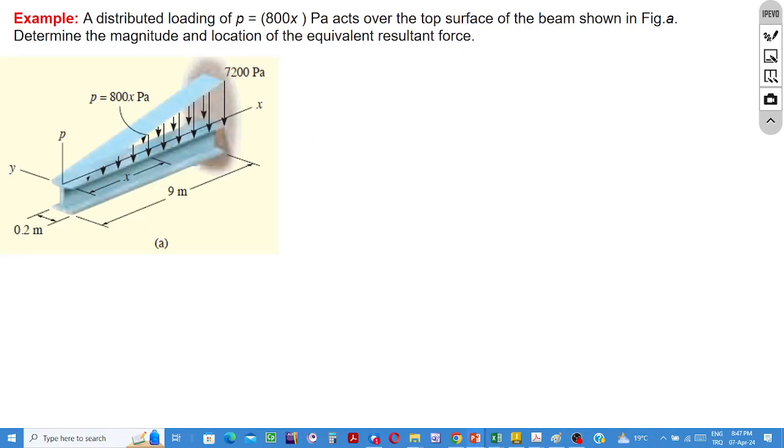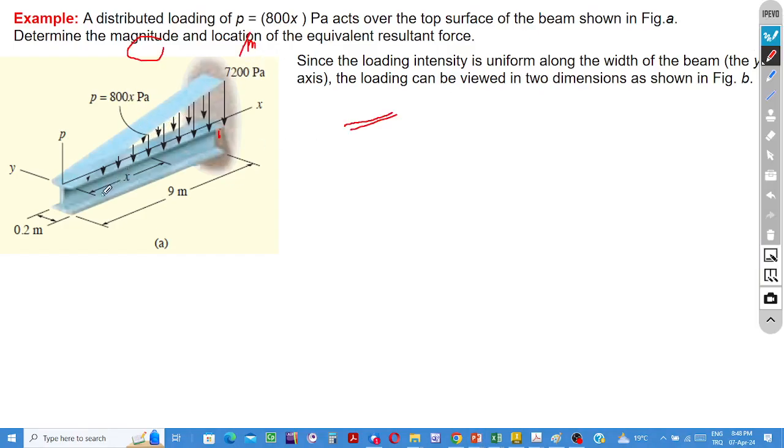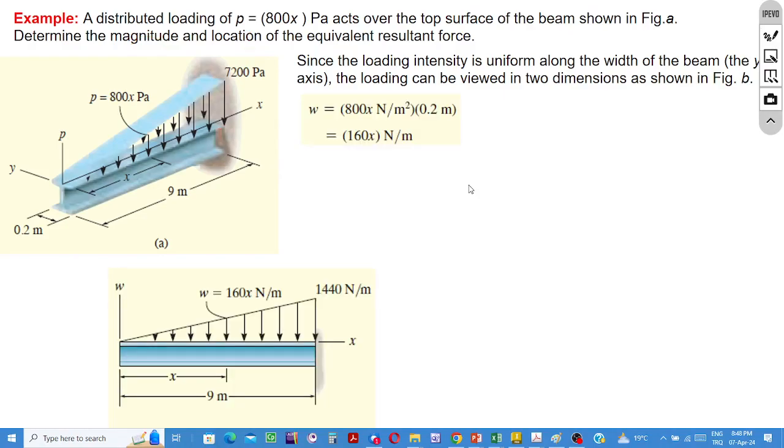Another example. In this example, the load function is a surface pressure, but since the dimension of the contact surface in the y direction is 0.2 meters and the distribution is uniform, while multiplying the pressure by the dimension 0.2, we obtain the function of the load curve not in pressure units, but in units of force per length, newtons per meter.